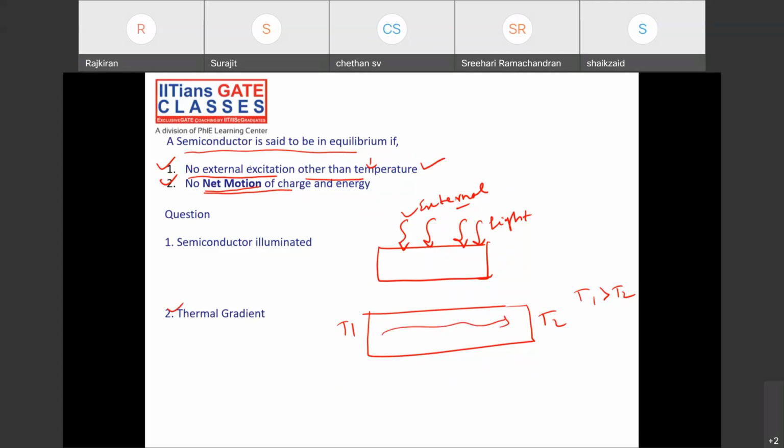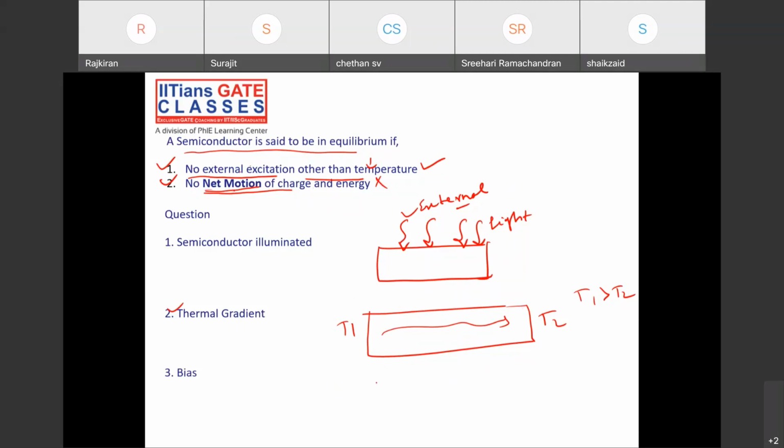So there is a motion of charge and energy from 1 to 2, whereas the second condition requires no net motion. So this is not met. Since there is a net motion of energy from 1 to 2, it is not in equilibrium.